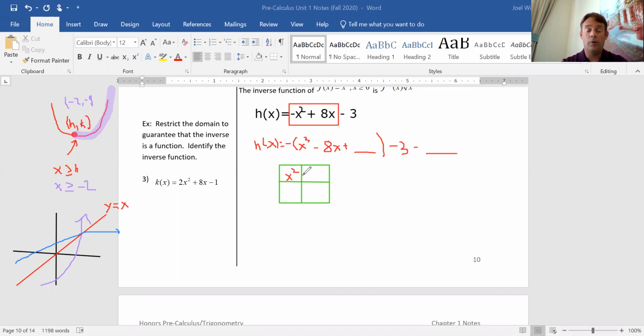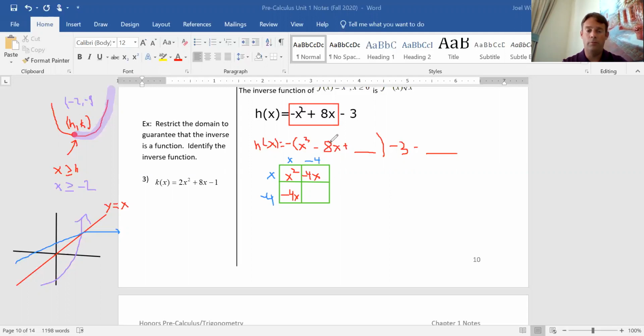And that's a minus 4x. We take that middle number and we divide it by 2. So we took the middle term and we divide it by 2, and now we'll go ahead and get our dimensions here. X, negative 4, negative 4, and then that. So that's that middle term.